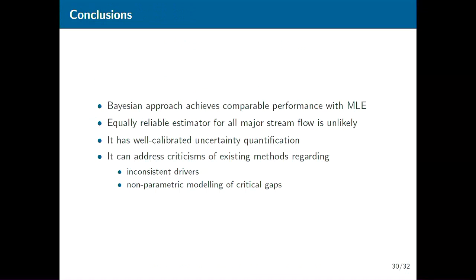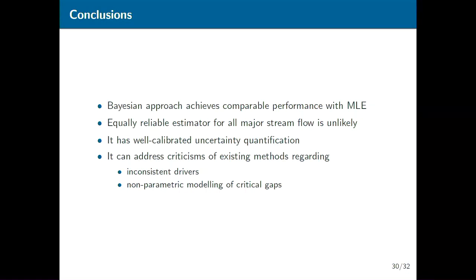So in conclusion, we tried to construct a Bayesian approach to the critical gap estimation problem. When summarized by its posterior means, it does achieve comparable performance with the state-of-the-art MLE method. We also show that having equally reliable estimators, in terms of the same standard errors across all levels of traffic condition, is probably something unreasonable to ask for.